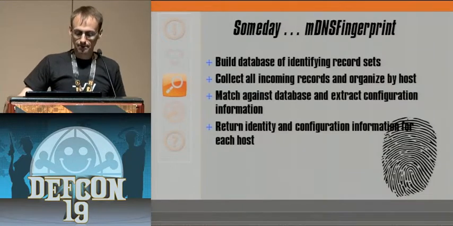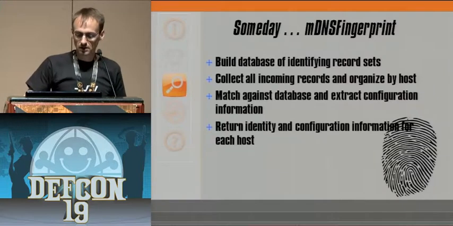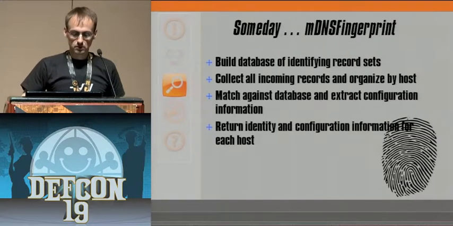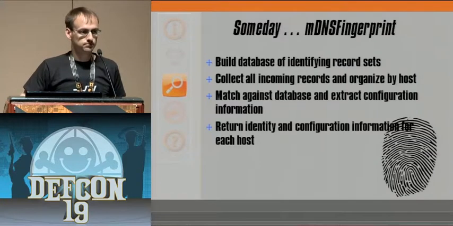So, someday, I wanted to create an mDNS fingerprint tool: build a database of identifying record sets, collect all information records and organize them by host, match against the database, and then extract the configuration information so that I can return the identity and configuration information for each host to the user of that tool. Okay.